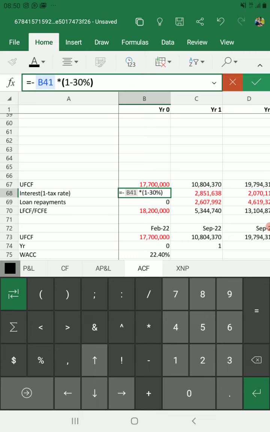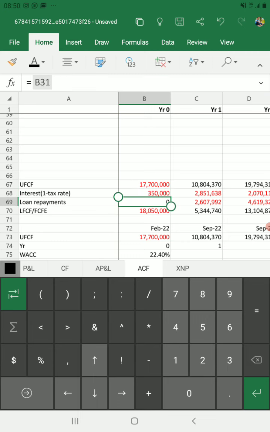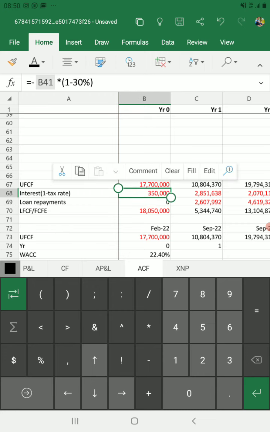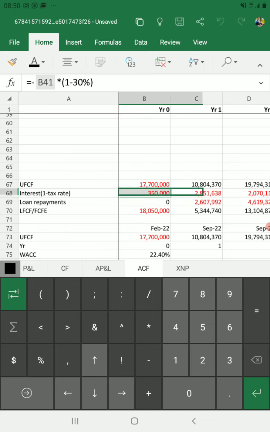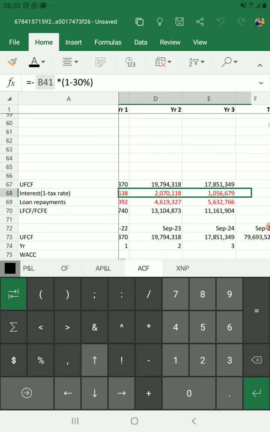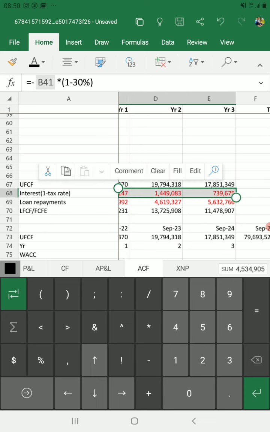Close the bracket, press enter. Okay, so this one is true throughout. Fill this throughout our projection period up to 3 years.